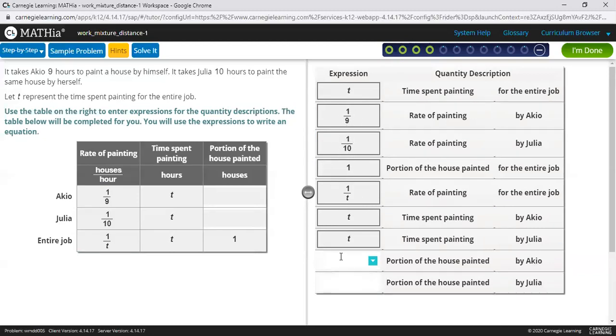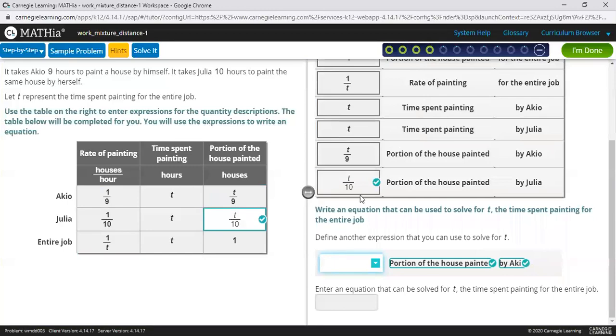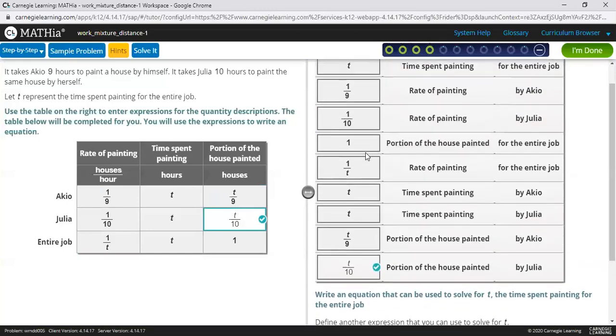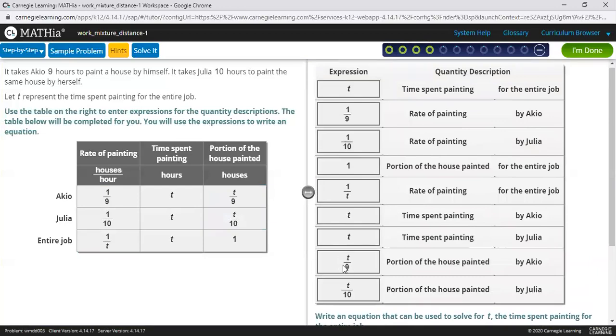So the portion of the house by Akio is going to be T divided by 9. And for Julia, T divided by 10.